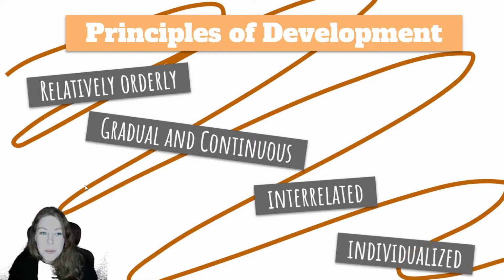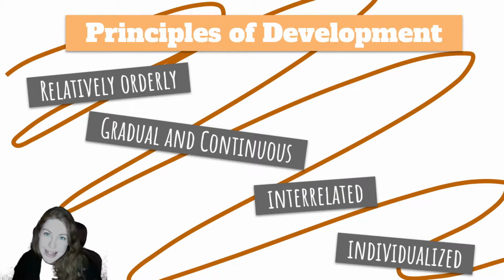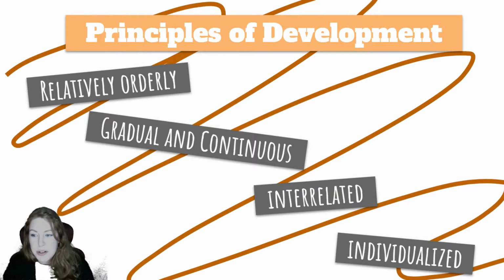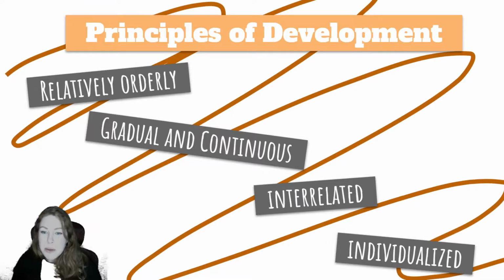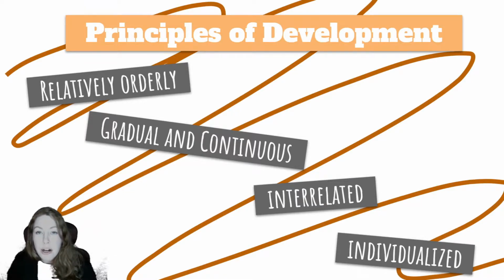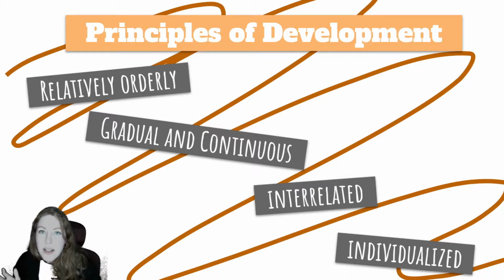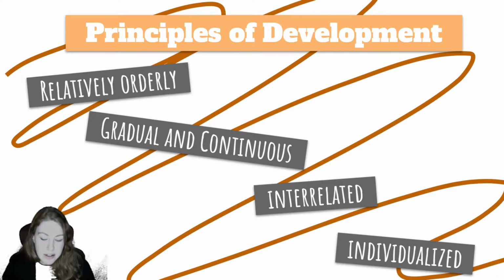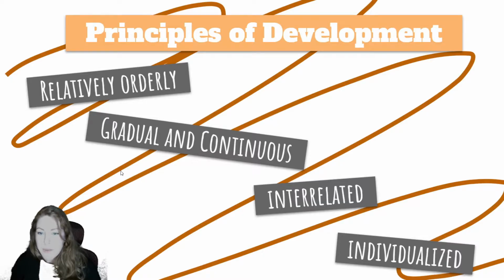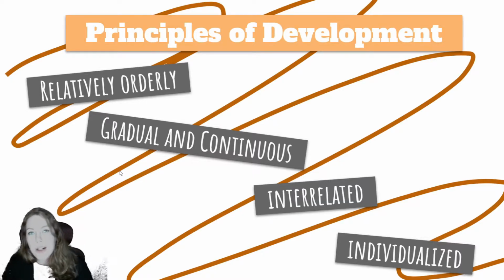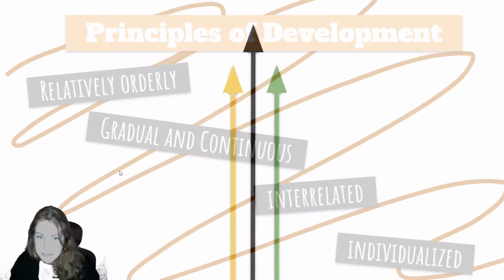And then the last principle of development is that development is individualized. It varies from person to person. So while these principles are usually generalized to most people, they also acknowledge that development is based on an individual basis. Okay, so let's go ahead and get into the actual theories of development.